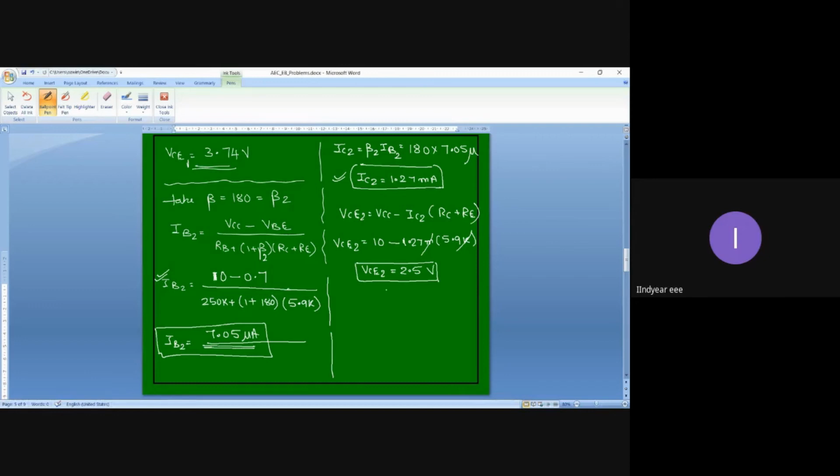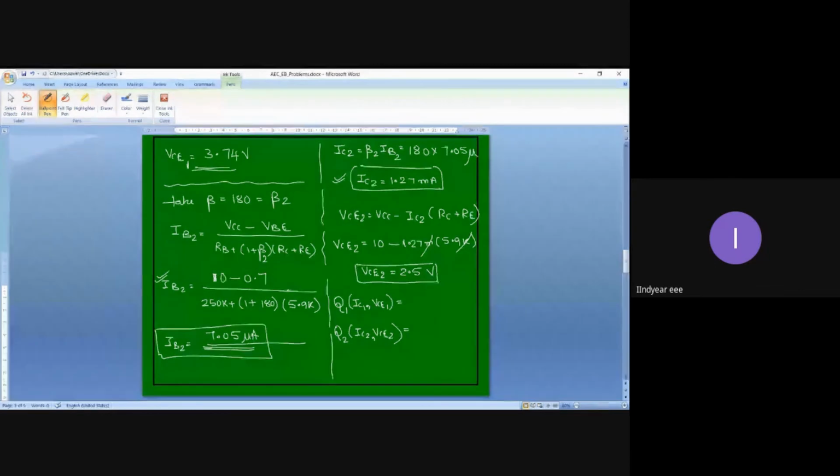So what we have done is calculated the coordinates of the Q point for two different values of beta. Let us place them now. Let me define Q1 as IC1, VCE1. Similarly, Q2 is IC2, VCE2.